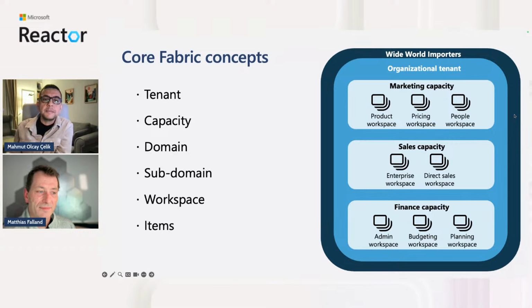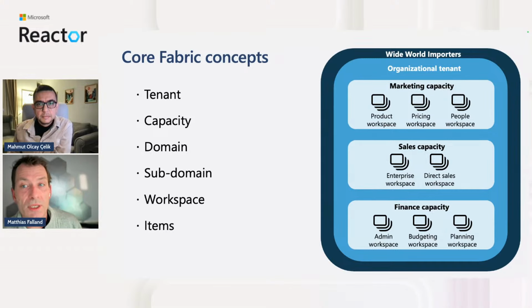Yeah, and I think we even see an example of this data mesh approach here with the Wide World Importers and the different domains and subdomains in workspaces. So that's definitely a good idea to organize your data into workspaces and leverage domains and subdomains to get the data sorted. Yeah, completely agree.